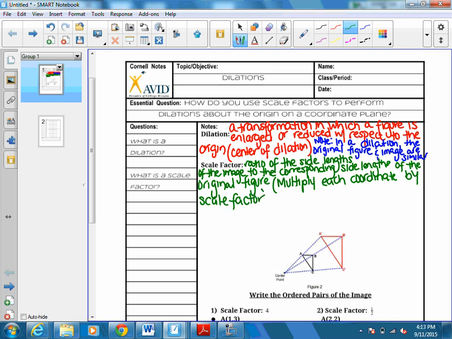So once again, when we're dilating something about the origin, we have to multiply each individual coordinate by the scale factor.